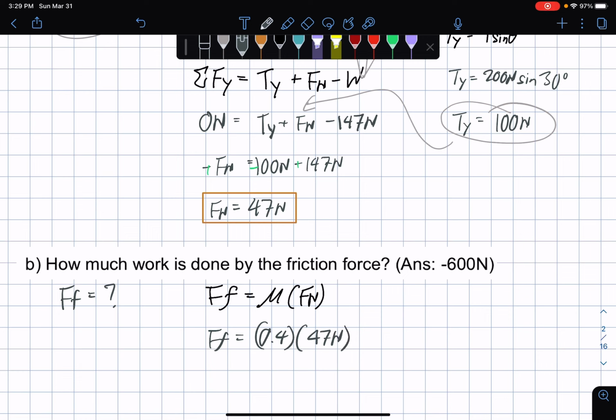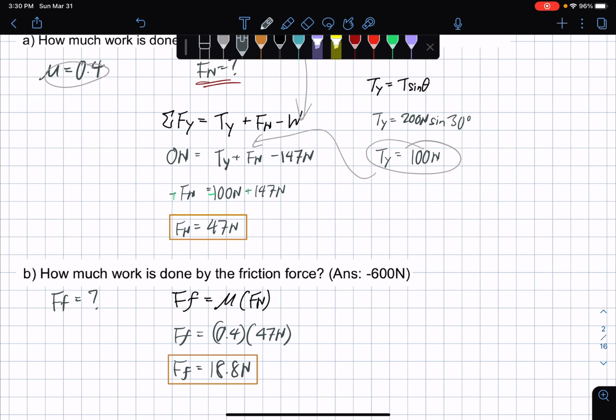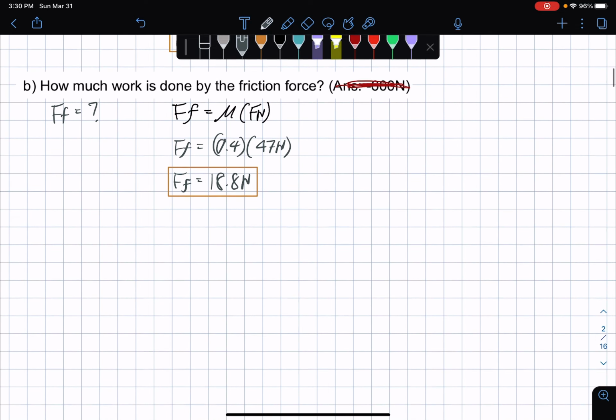So 0.4 times 47, our frictional force is equal to 18.8. Not sure why it's negative 600 newtons. I believe that's a typo. I wasn't the one who made this worksheet, by the way, so there may be errors.